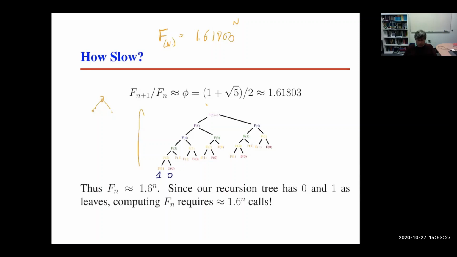Fib of 0 is 0. The leaves are all going to be 0 or 1. For any given node, the value of the Fibonacci number is the sum of all the leaves below it. In order to get a number as big as this, you are going to have to make at least 1.61 to the n different recursive calls.